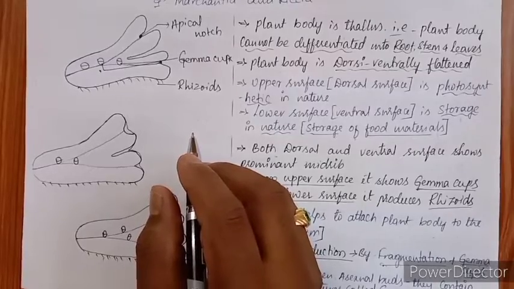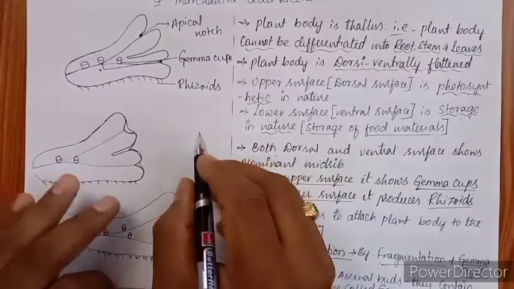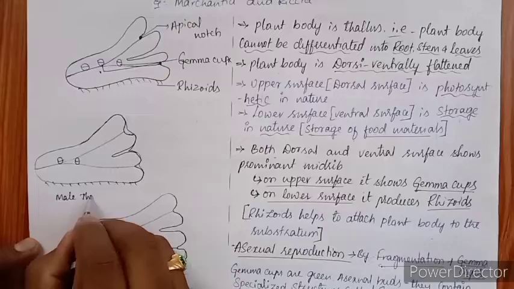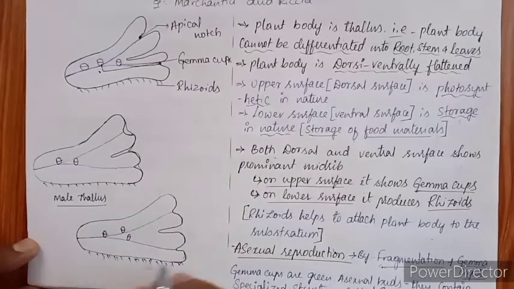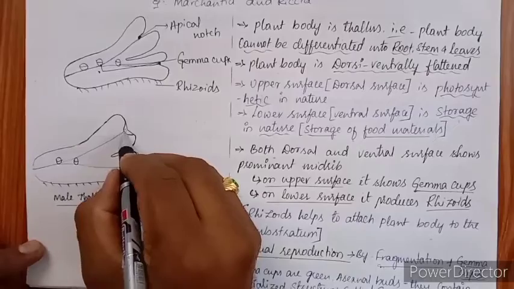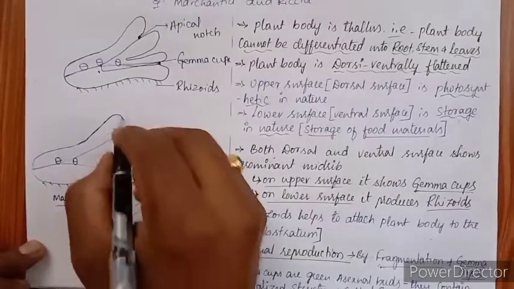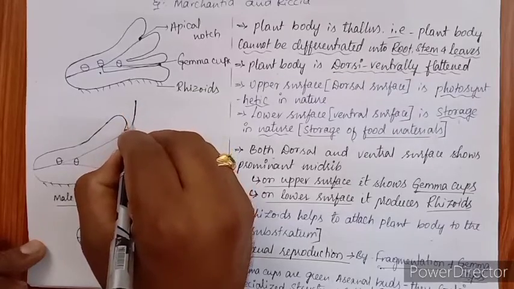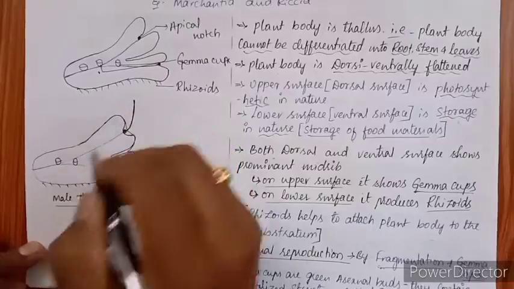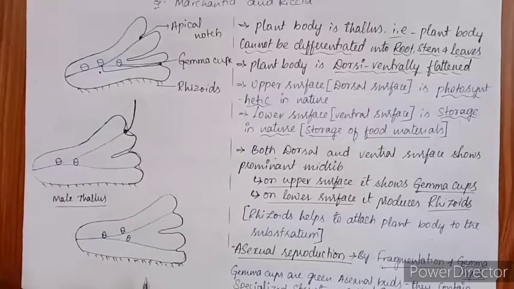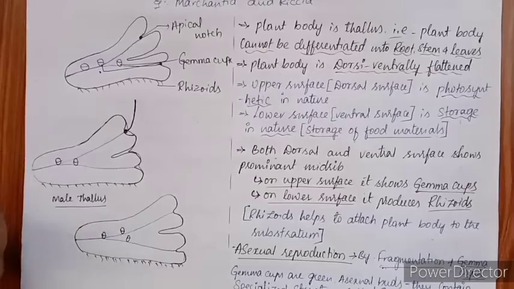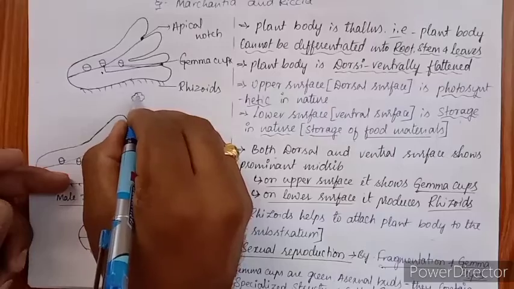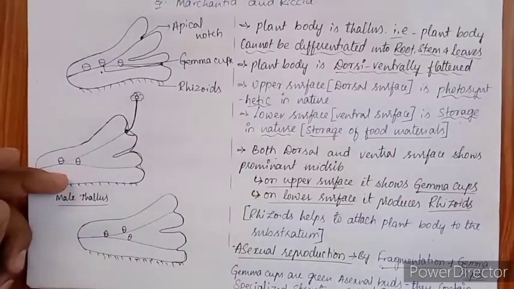As we think of the male reproductive structure, if this is the male thallus or male plant body, from the apical notch there is a formation of a receptacle or the stalk of the reproductive structure. The stalk is called pore. And from that there will be formation of the antheridia.